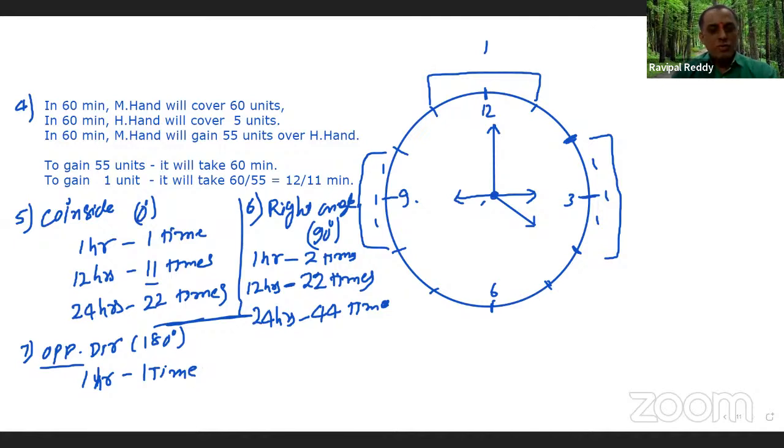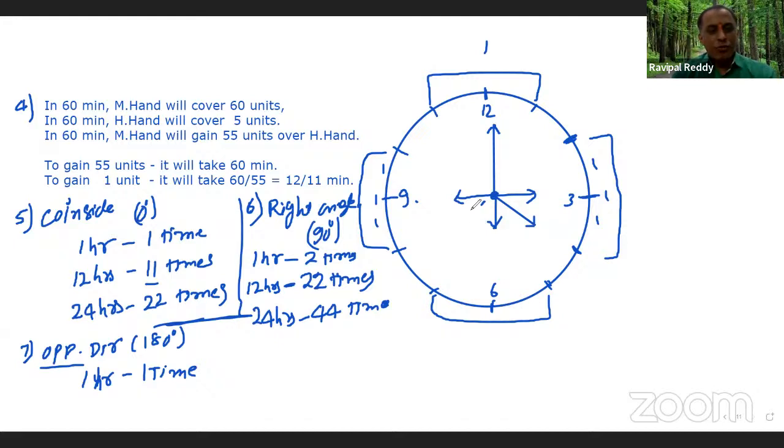1 hour one time means 12 hours 12 times, but it is not 12 times. Between 5 and 7 o'clock only one time these two hands will be in opposite direction.